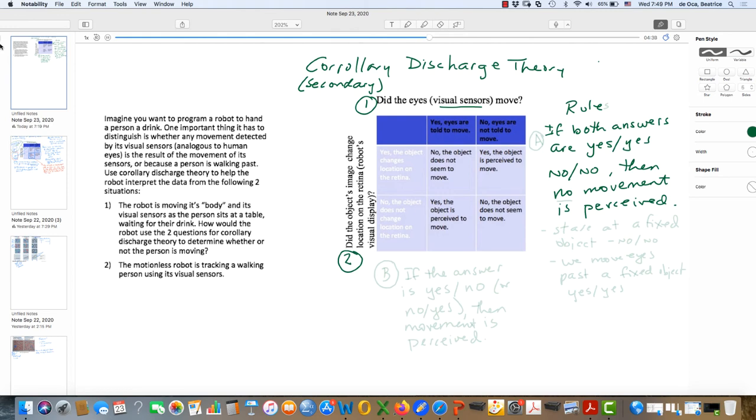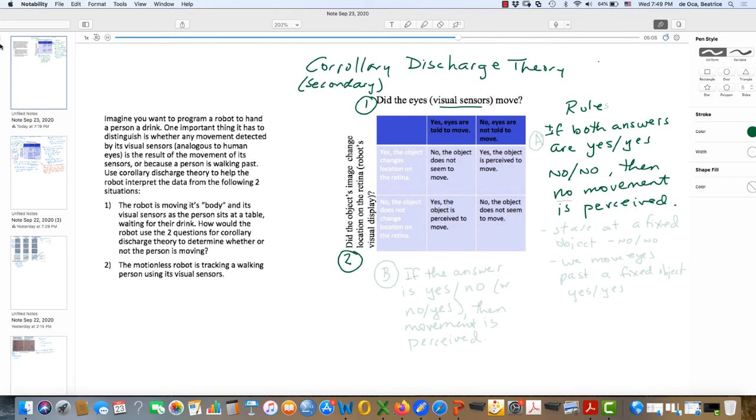The other possibility could be that the pen is not moving, but my eyes are moving left and right. So if my eyes are moving, but the pen is not, let's think of what that's going to do. Are my eyes moving? Yes, my eyes are being told to move.